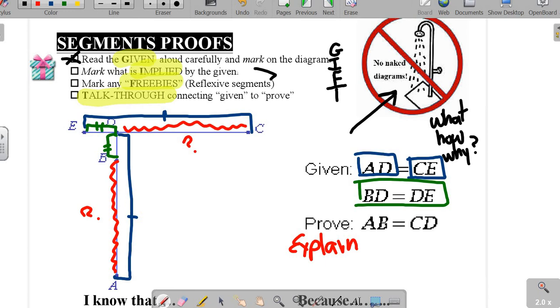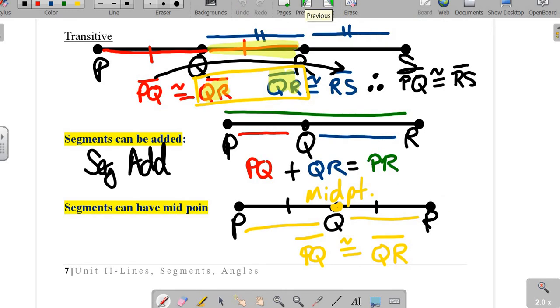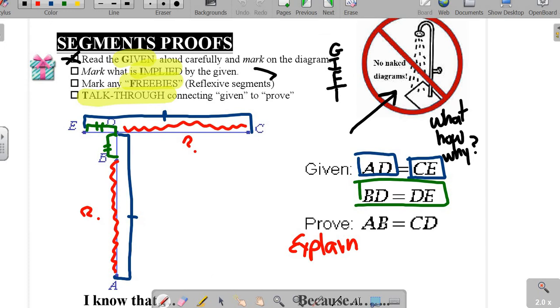Implied and freebies. Implied are things you know to be true because of the given. Freebies are things that are always true, even if it's not marked. Careful. Any one of these segment properties are always true. So let me give you an example. What's implied is really simple.